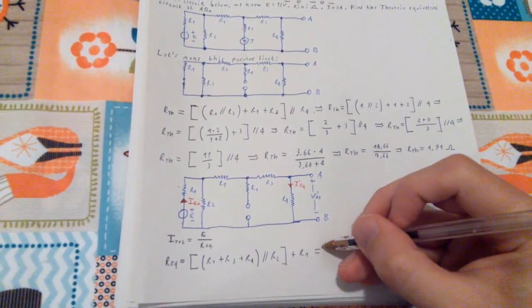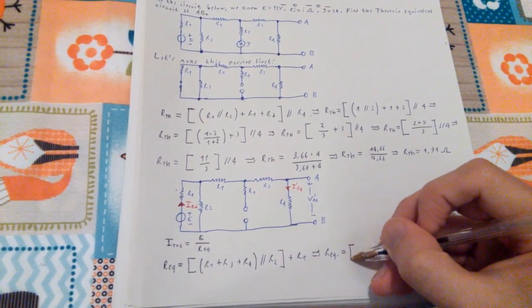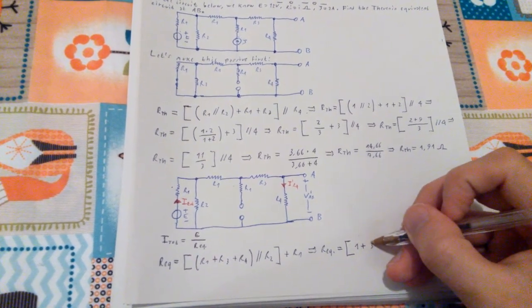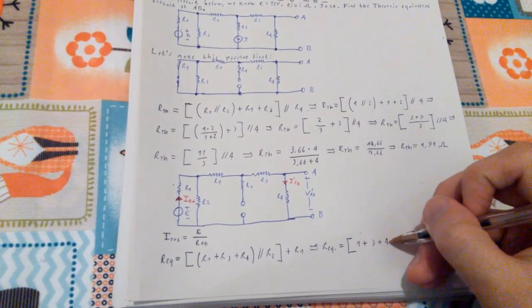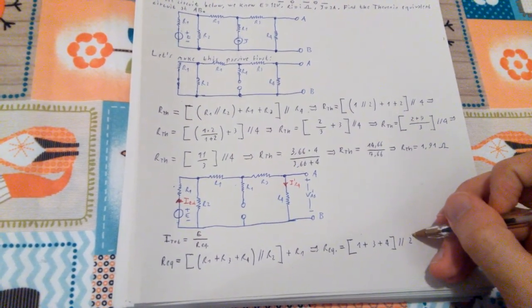If we plug numbers into this, R_EQ is going to be equal to R1, which is 1 ohm, plus R3, which is 3 ohms, plus R4, which is 4 ohms, everything in parallel with R2, which is 2 ohms.